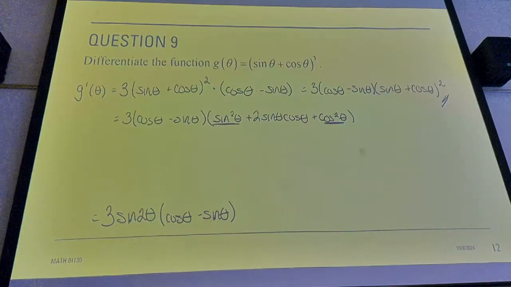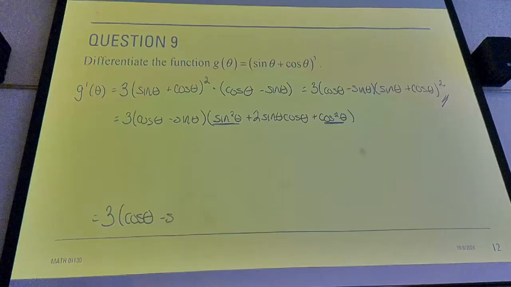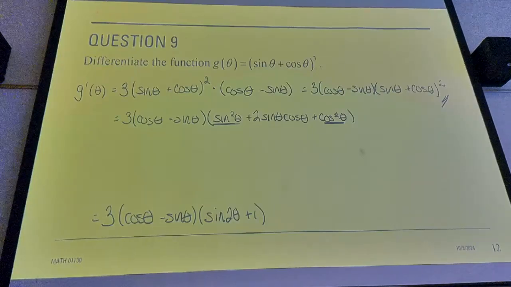That's 1. That leaves you with 1 plus 2 sine cosine. I actually forgot the 1. Two sine cosine.